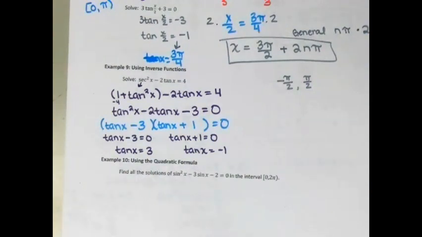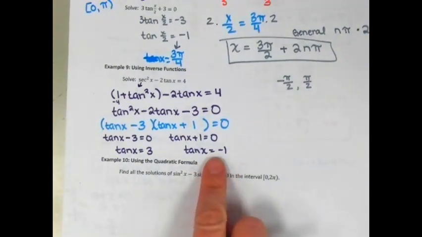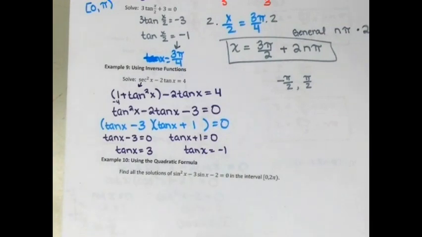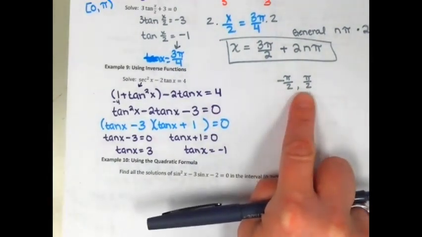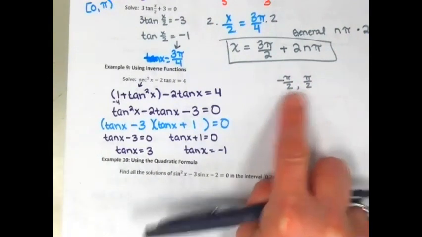So now, if I look at the tangent of -1, that normally would say we're in the quadrant of what? It could be quadrant 2, it could be quadrant 4, right? It could be either one of those. Because we want it in between -pi/2 and pi/2, that is quadrant what? 2 and 4.